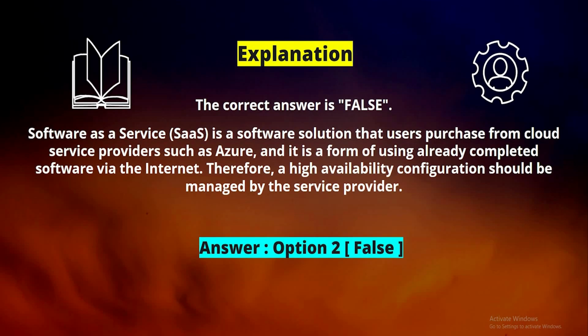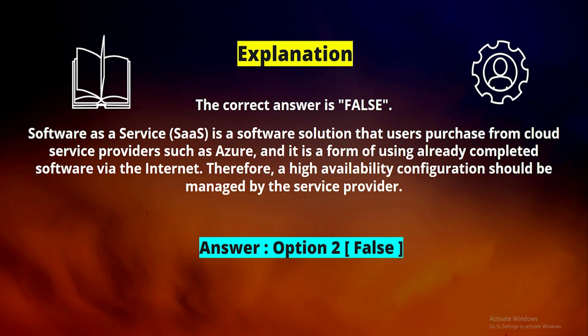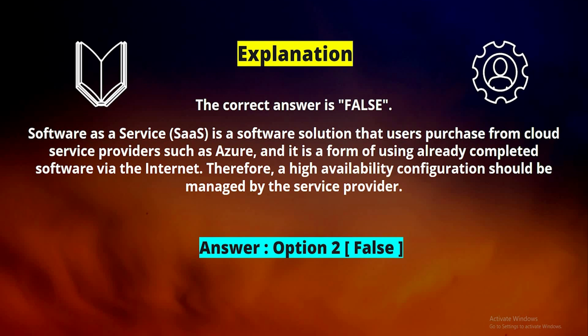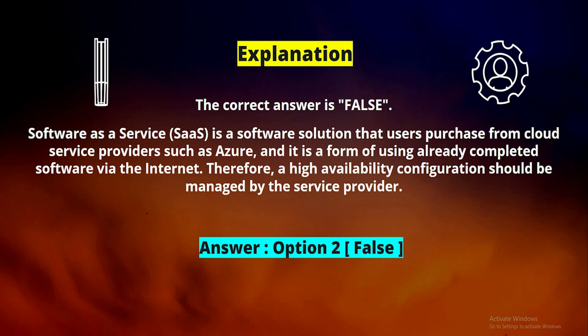The correct answer is false. Software as a service is a software solution that users purchase from cloud service providers such as Azure, and it is a form of using already completed software via the internet. Therefore, a high availability configuration should be managed by the service provider.